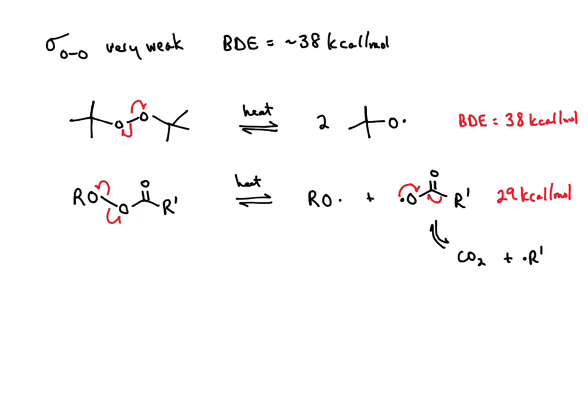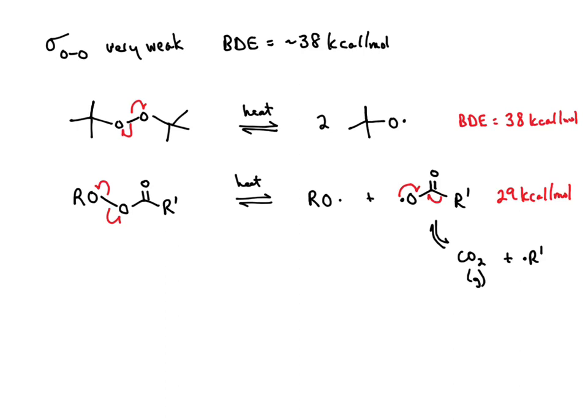So not only is the resulting carboxy radical resonance stabilized, but it can undergo release of a gas. And so this drives the reaction towards the products. Right? So that bond dissociation energy that we started with, that sigma oxygen-oxygen bond, is very, very weak.